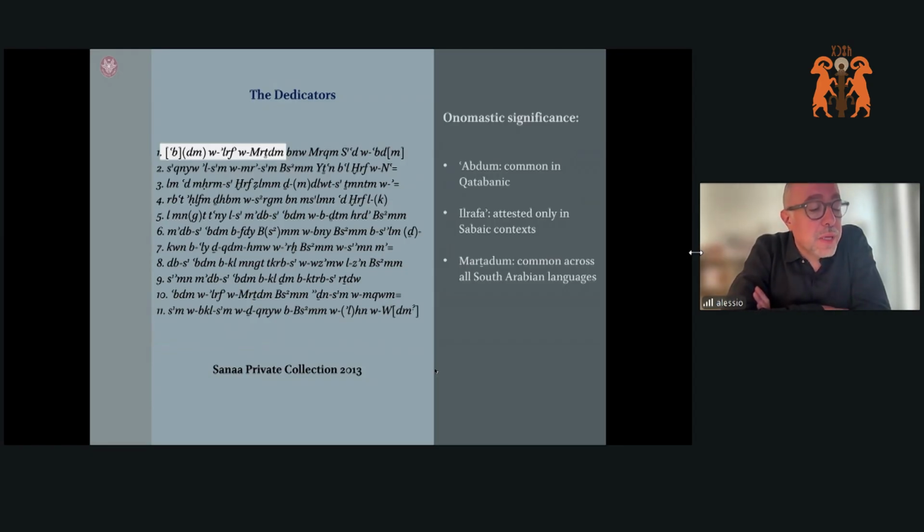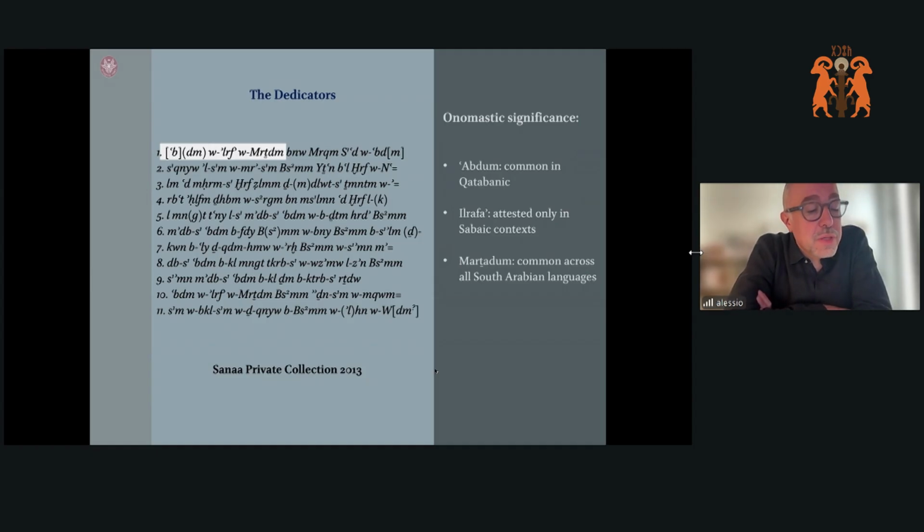The text begins with the mention of 3 individuals whose names can be reconstructed as Abdum, Il-Rafa, and Marthadum. These 3 individuals are followed by 3 additional names, preceded by the term Banu: Markam, Saad, and Abdum. The onomastic evidence here is interesting.